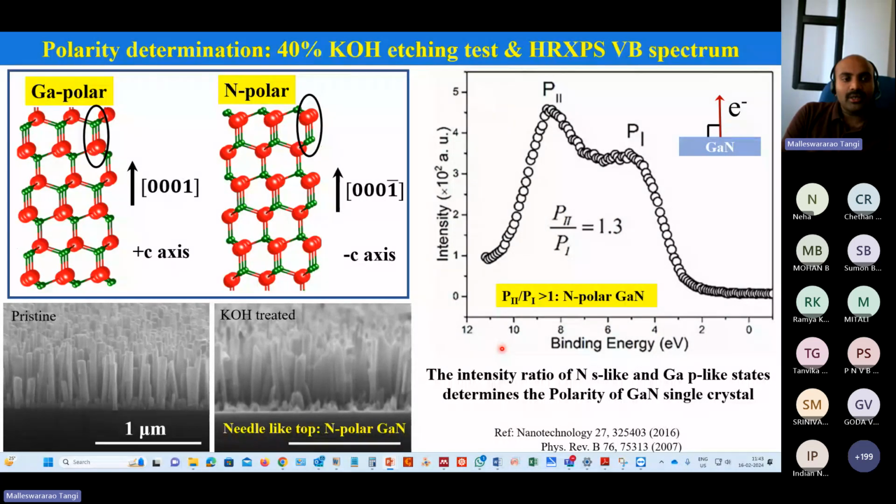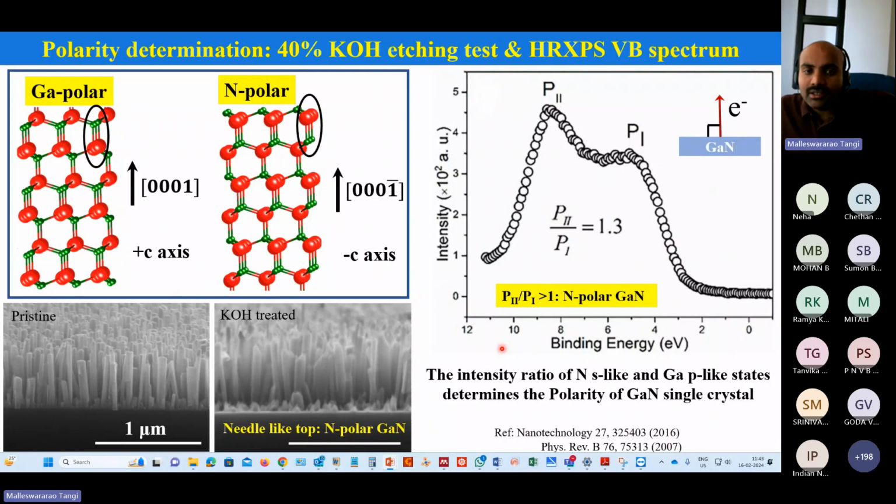For gallium polar materials, the bond direction will be gallium to nitrogen along the C orientation of the substrate, or 111 orientation of silicon. For nitrogen polar, the bond direction will be nitrogen to gallium, which is represented by 000-1 for the nitrogen polar case.